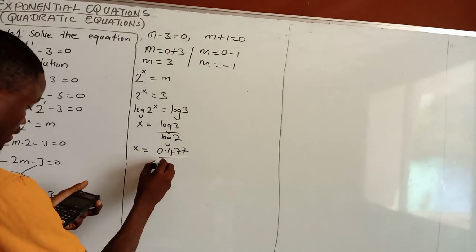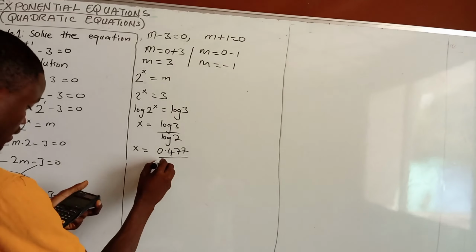These are not the final answer, because initially we said let 3 raised to the power x be equal to n. Are we getting it? So now 3 raised to the power x equals the first value for n, which is 3. So this has the power of 1. So in exponential equation, this is linear. When the bases are the same, you just need to equate the powers.